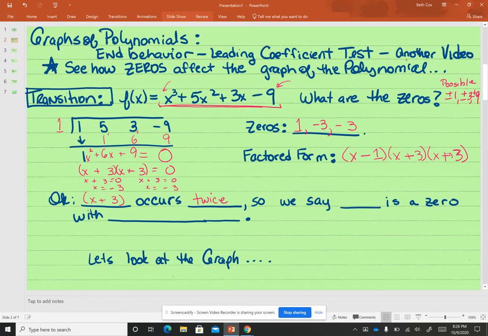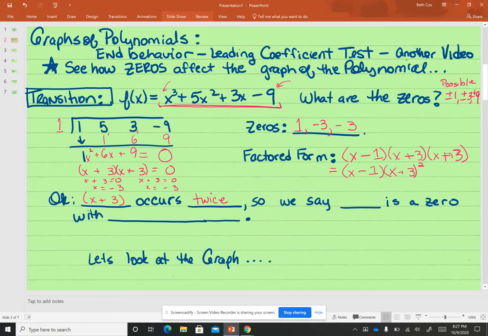This polynomial is completely factored here. If you multiply that all out, you'll get x to the third plus 5x squared plus 3x minus 9. And this can also be written as x minus 1 times x plus 3 to the second power. That's the factored form.